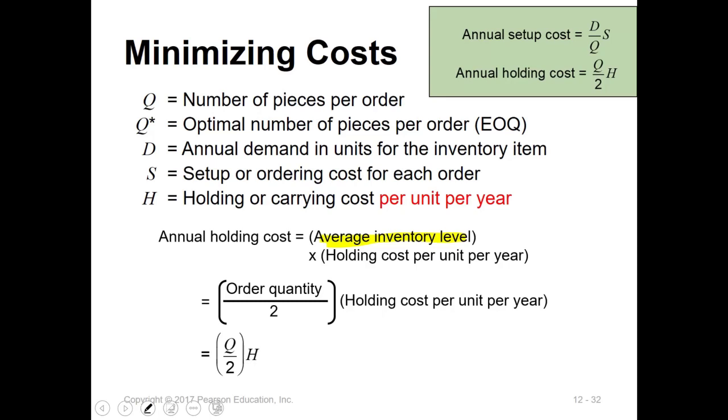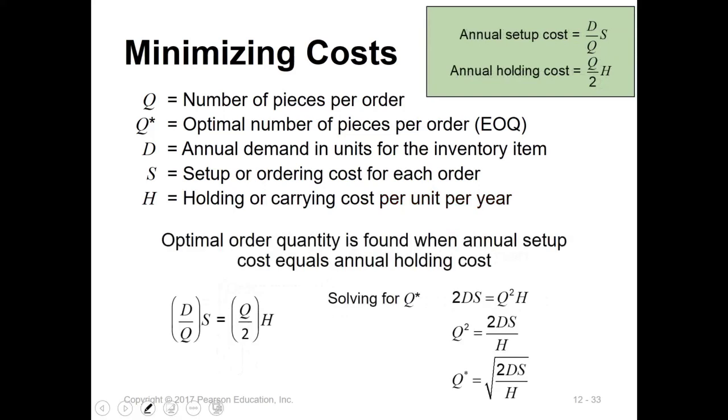Now you have the two portions, and these two must be equal. Then you can get Q star. So let's set these two equal. This one is the setup cost, and here is the holding cost.